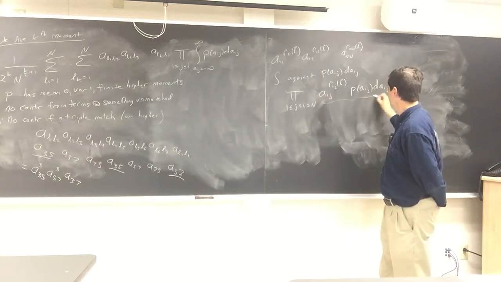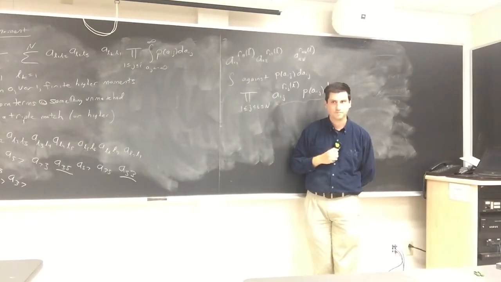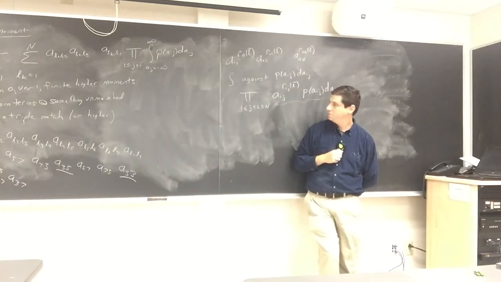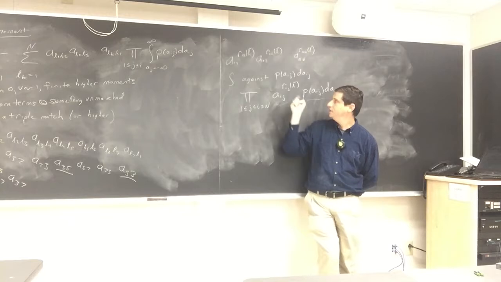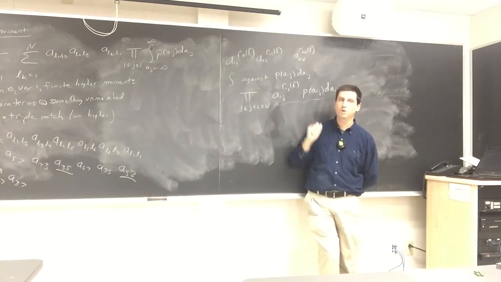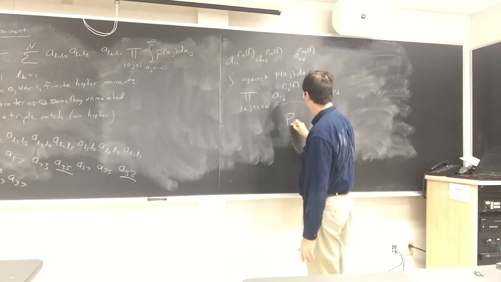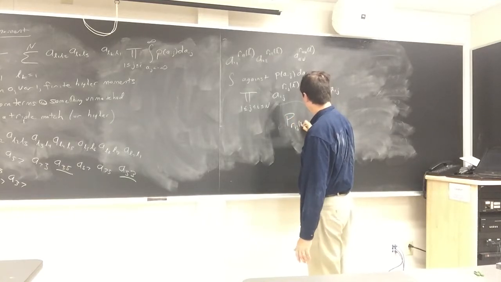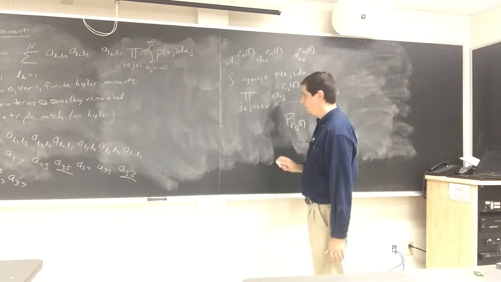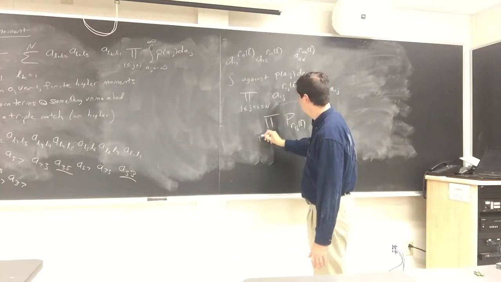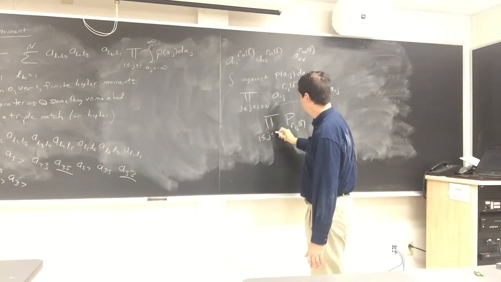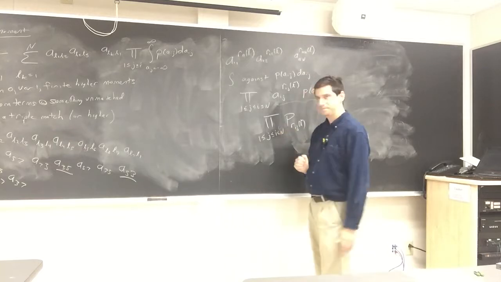But what is this integral? The expected value, the moment. Which moment? It's the rijth moment of our distribution P. So this would just be, we'll call it P rij of L. And then we would just have a product, 1 less than or equal to j less than or equal to i less than or equal to n.